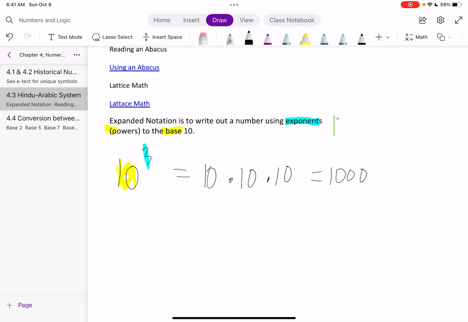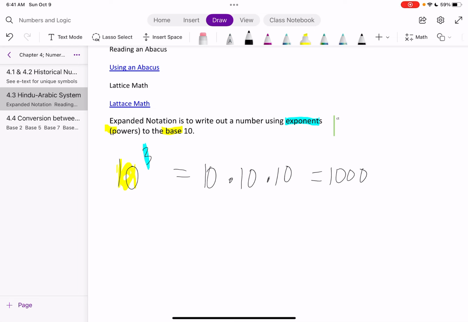So that means I have to rewrite it as 1 times 10 to the 1, because that's 10, plus 0 times 10 to the 0. It's kind of like borrowing.